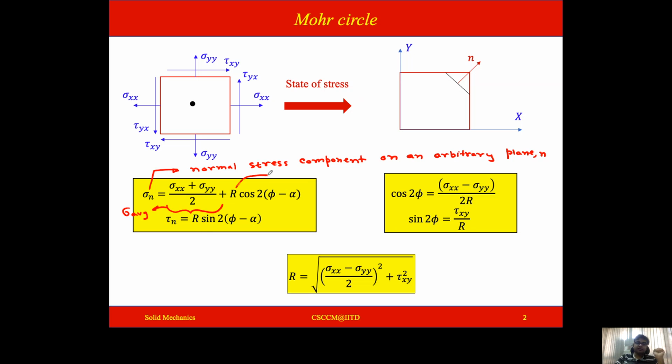Now what is this r? You remember, for defining r, we considered a right angle triangle such as this, where the height of the triangle was tau xy and the base was sigma xx minus sigma yy by 2, and this angle was 2 phi, and the hypotenuse was r.